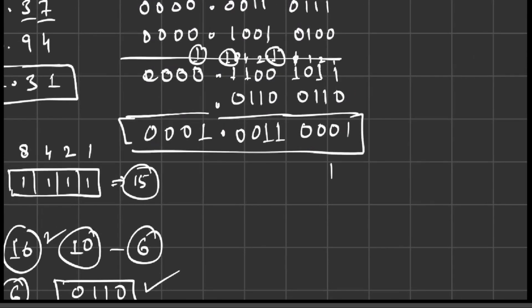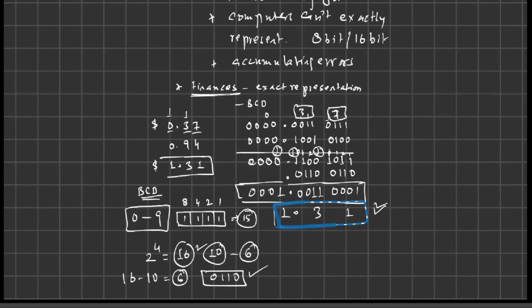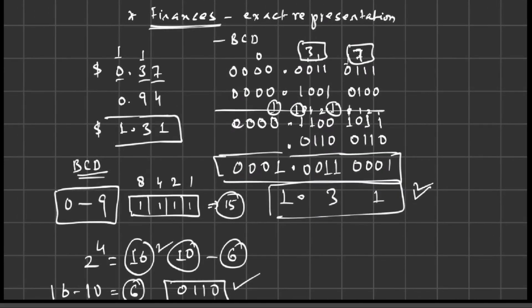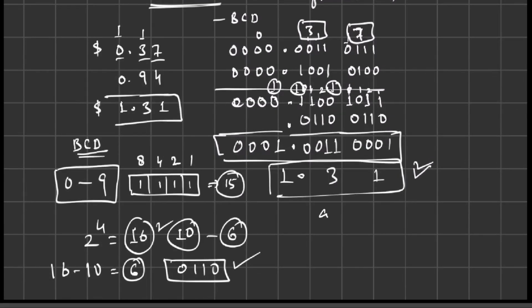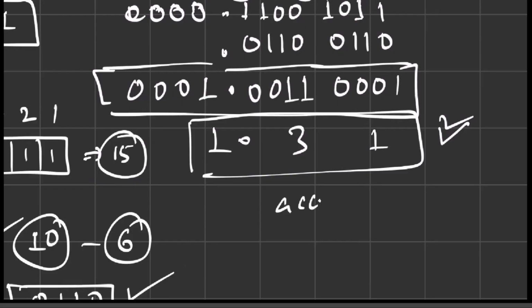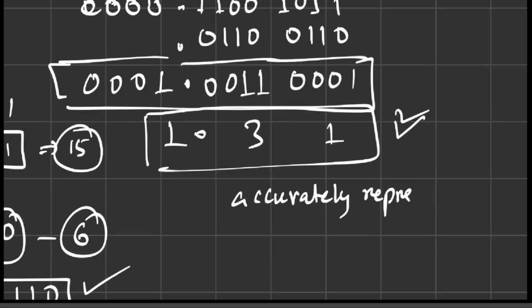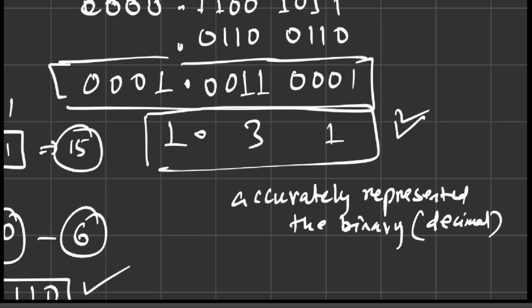Now this is the answer. This is 1, this is 3, and this is 1 3. You can see the correct answer. This is how we can use the binary coded system, and you have seen that by doing this technique we have accurately represented the decimal in binary.